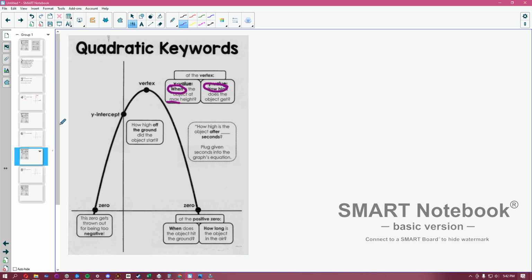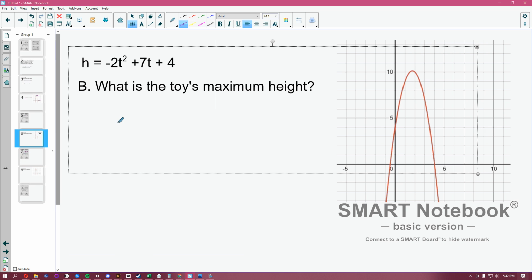So if we go back here, we're looking for how high it went, which is our y value. So if we go all the way up here, we can look and we can say, okay, the max height is about 10 feet. Alright? Because that's our vertex, or our maximum.